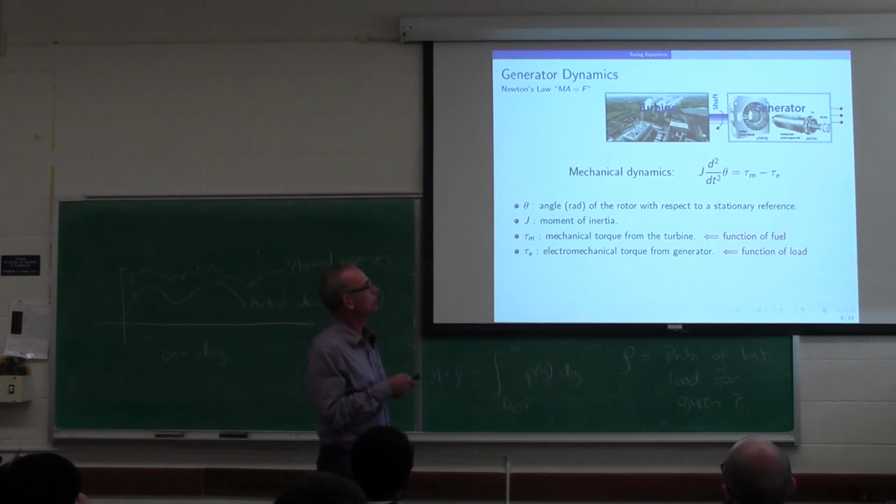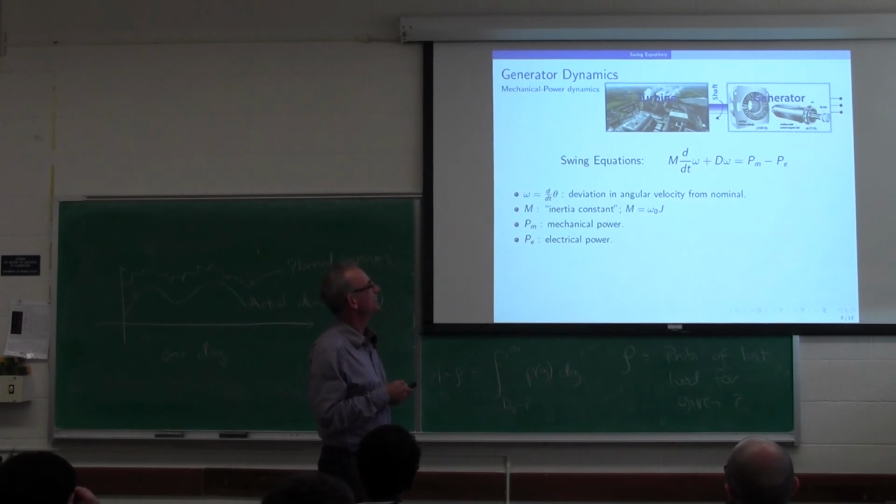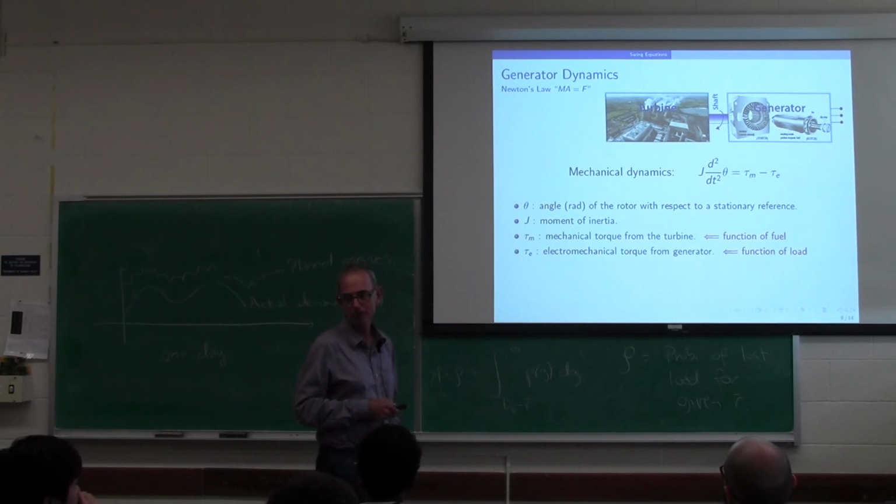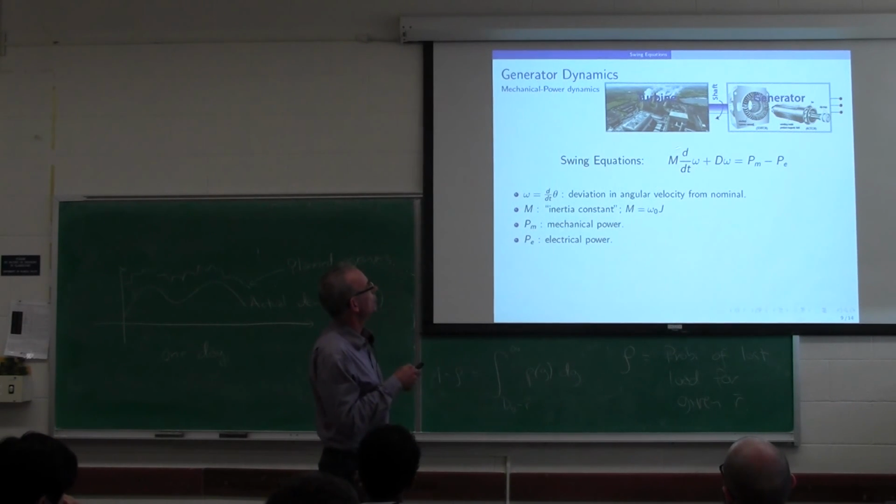So multiply both sides by speed, and that's what you get. All right, so going from here to here, I'll go back and forth. I don't want to make you too sick. All I can do is multiply both sides by the speed of rotation, because torque times speed is power. And so the J turns into M, which is just going to be speed times J.